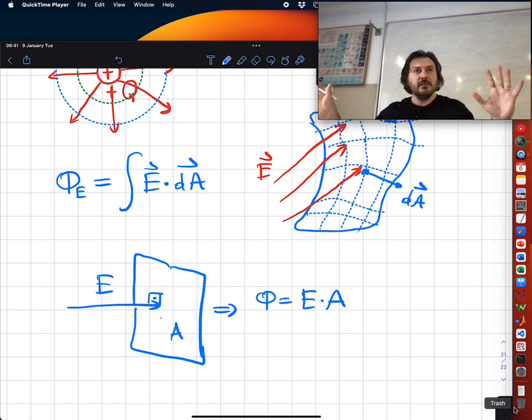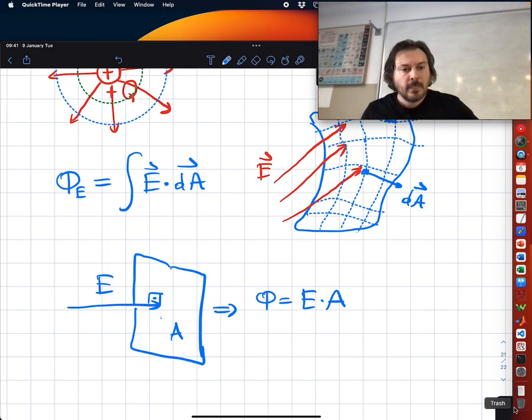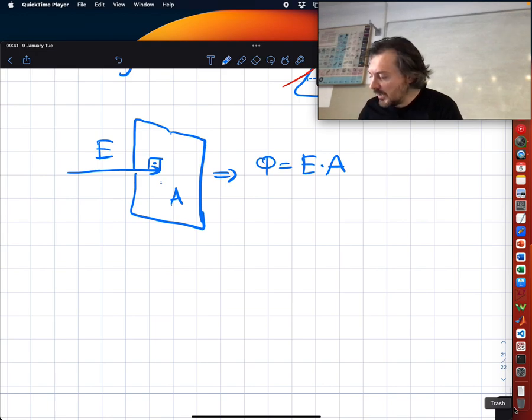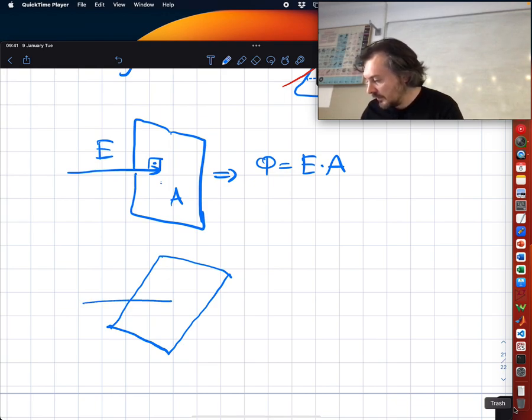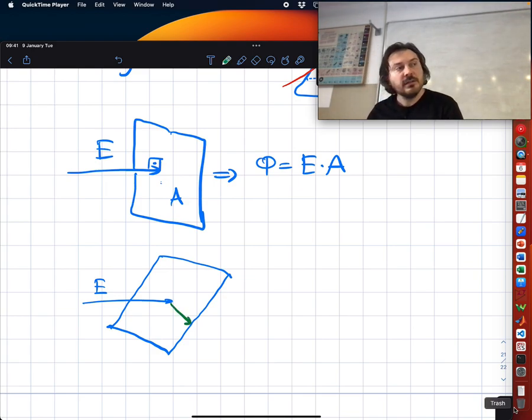Is this clear? Why is dA a vector? Very good question. dA is a vector because you want to know which way the area is pointing. The electric field is coming in, but dA is pointing this way. dA is always pointing perpendicular to the surface.